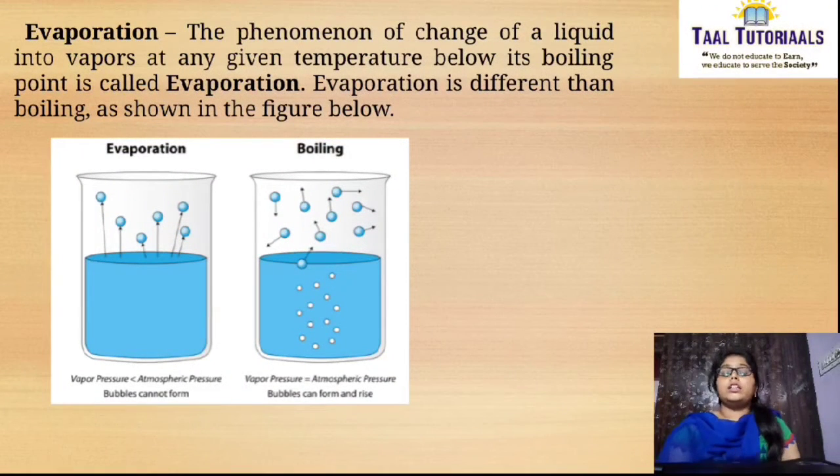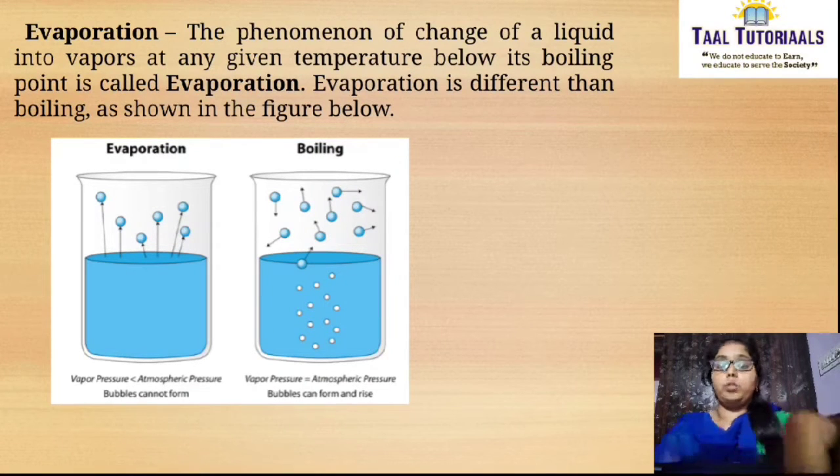Next, evaporation. The definition we'll know here: the phenomenon of change of liquid into vapors at a given temperature below its boiling point. See, boiling point is 100 degrees Celsius. Evaporation is different from boiling. You can see here, evaporation and boiling both are different. Here, the particles are evaporating. In boiling, the particles are moving here.